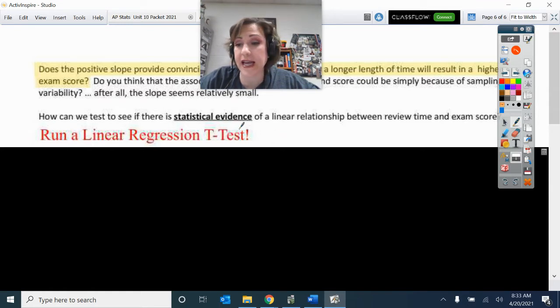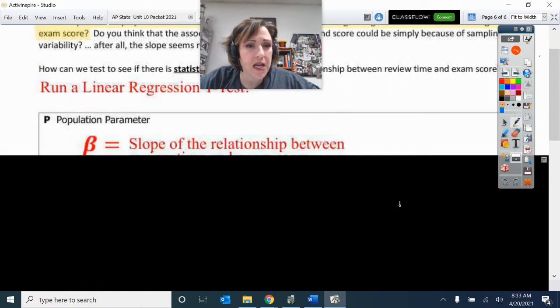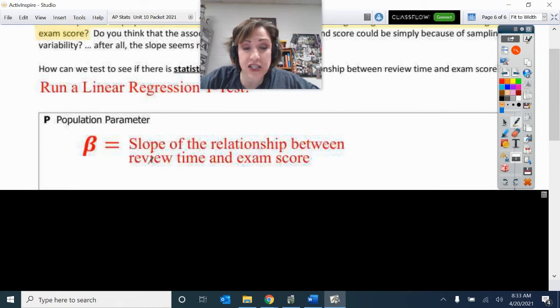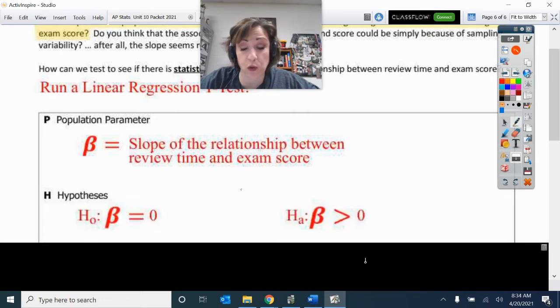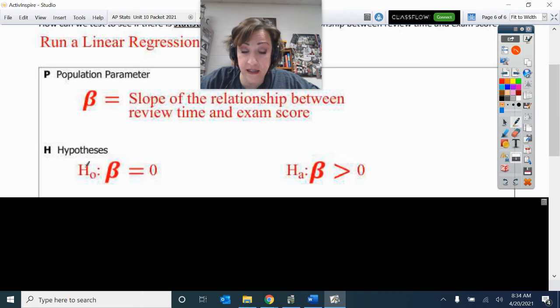We're going to run a linear regression t-test. Our beta is the slope of the relationship between review time and exam score. And we're investigating if it is positive, so that's our HA.